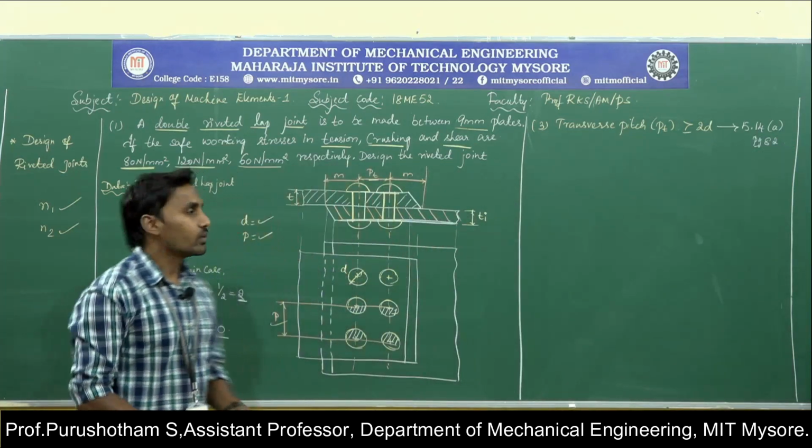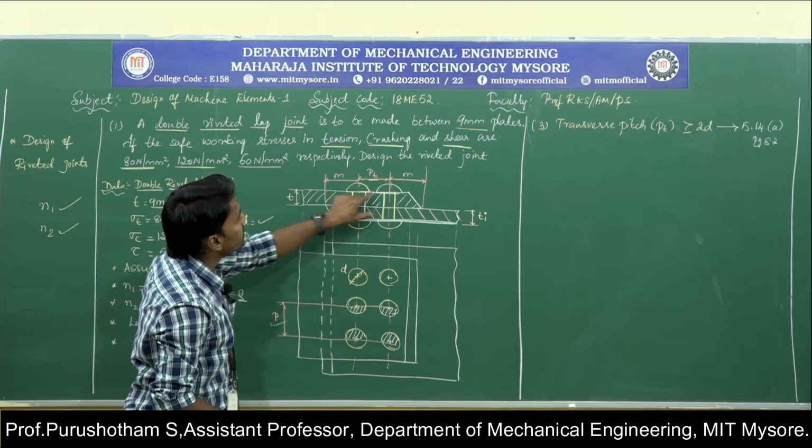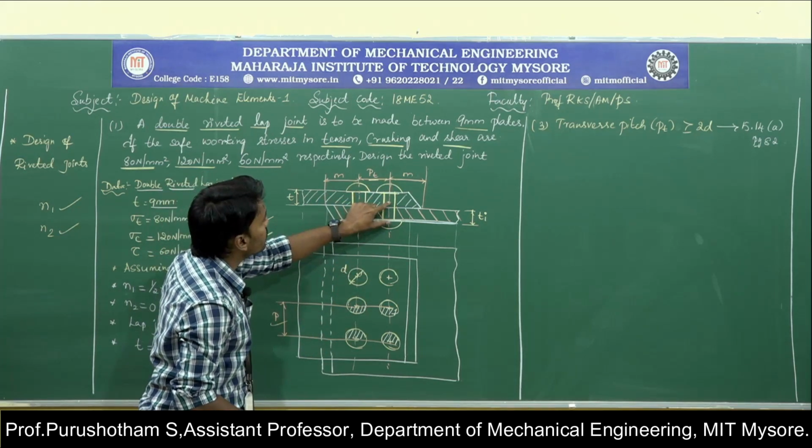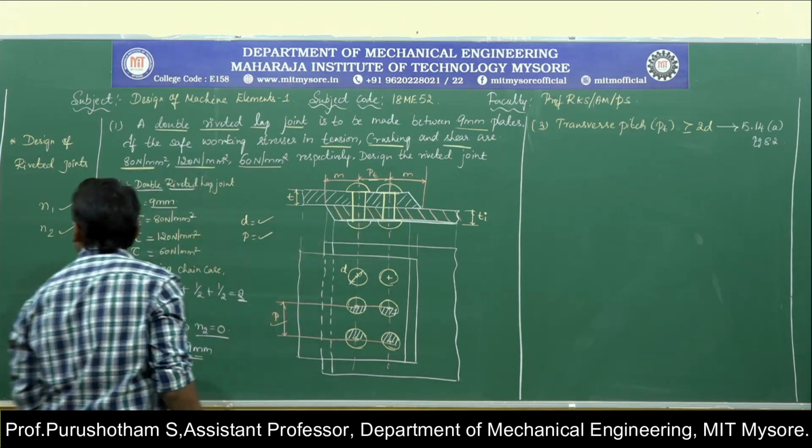That means we are going to calculate the shortest distance between two successive rows in a multiple riveted joint, that is, the transverse pitch.